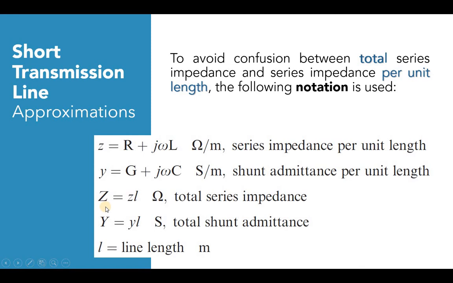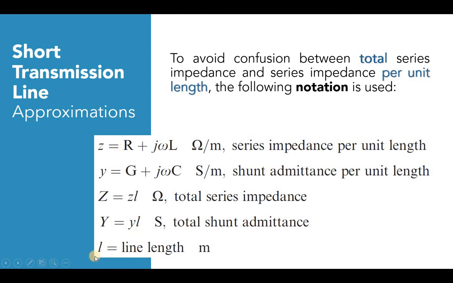Okay, actually, even the shunt admittance follows the same notation, no? When we have our small y, it means the shunt admittance per unit length. Capital Y refers to the total shunt admittance wherein the line length is already factored in.